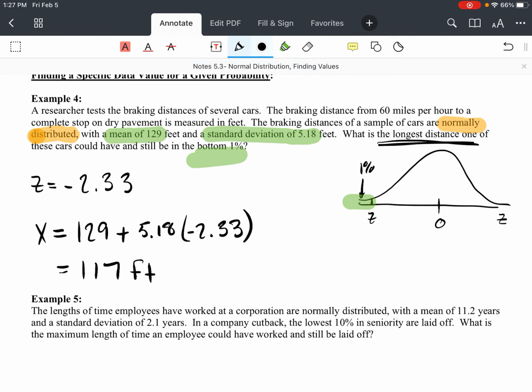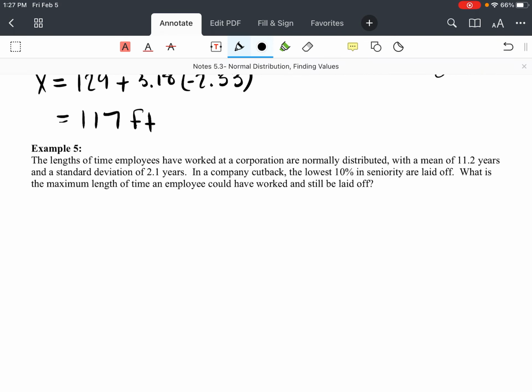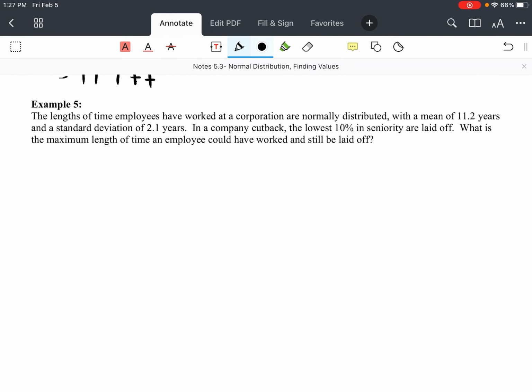So the bottom 1%, the furthest braking distance that they could have is about 117 feet. Another way to think of this would be that 99% of the cars have a braking distance of more than 117 feet, which is pretty short.